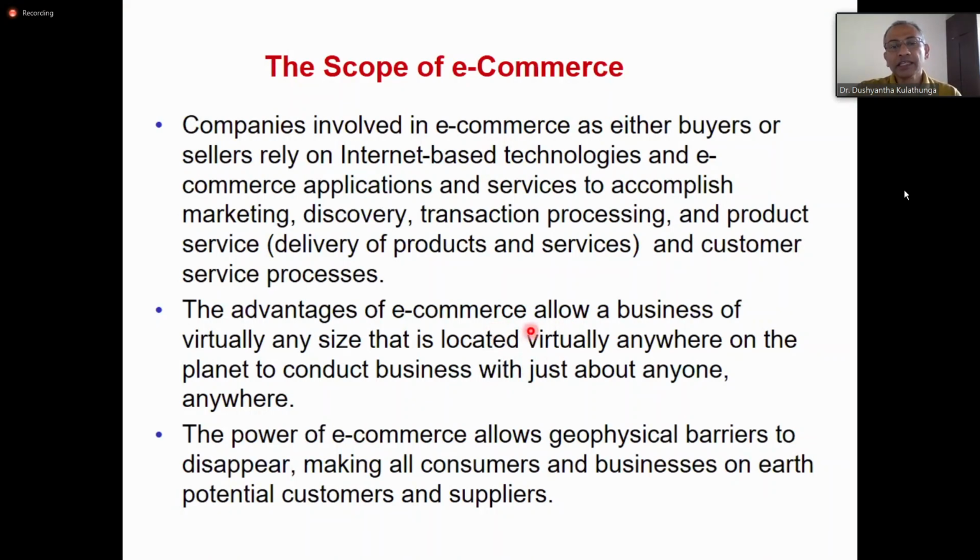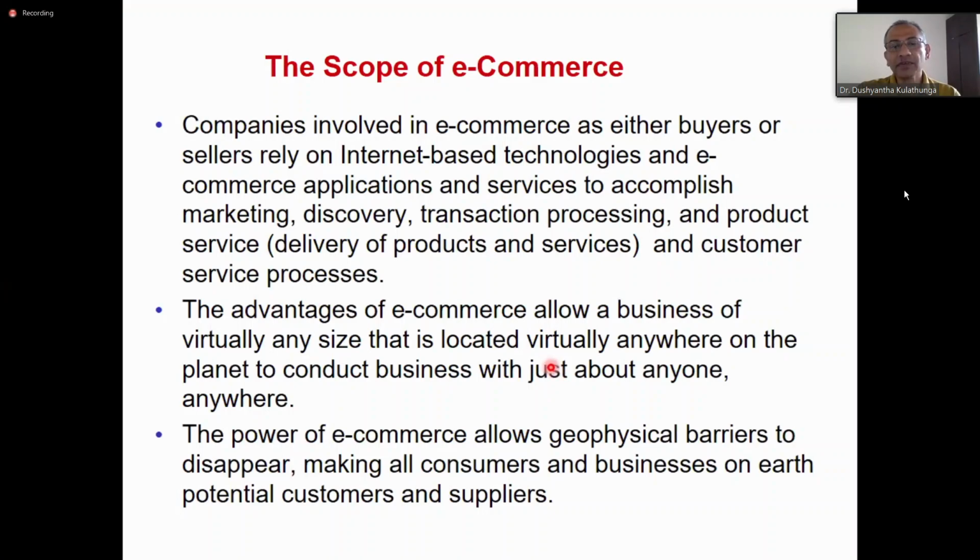So by being present on the internet with the help of a website, the organization is in a position to interact with any customer who is anywhere in the world. So for the organization also, the location of the customer doesn't matter.